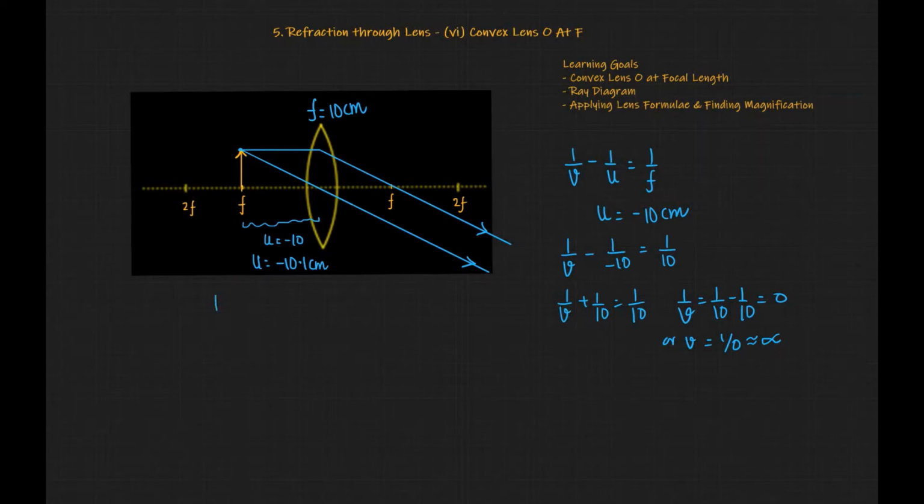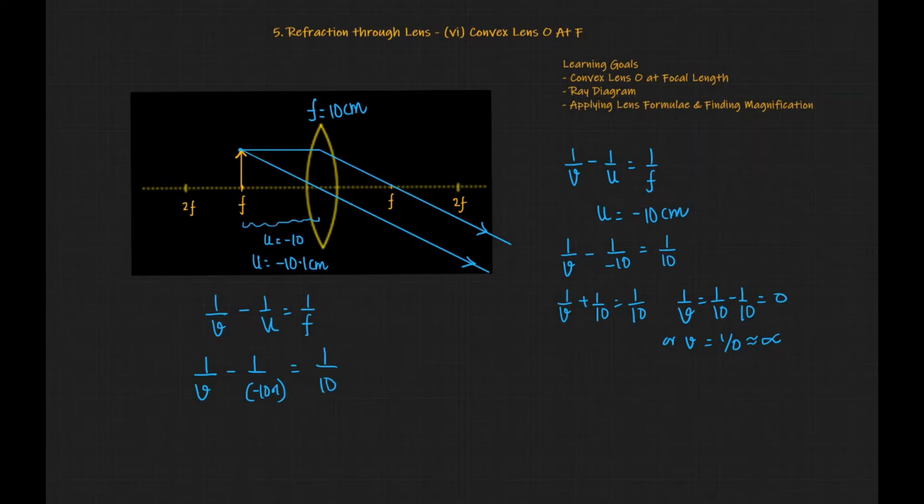When you substitute it in this equation, you will have 1/v minus 1/(minus 10.1) equals 1/10.